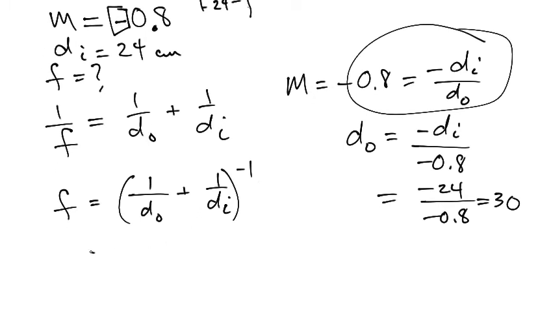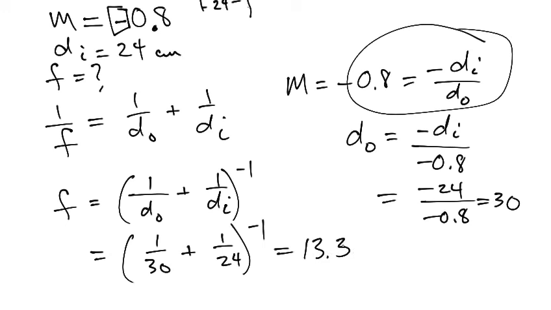If I plug my values in, I get 1 over 30 plus 1 over 24, all reciprocated, and I get my focal length to be 13.3, and that is my focal length. So that's the question. Hope you enjoyed it.